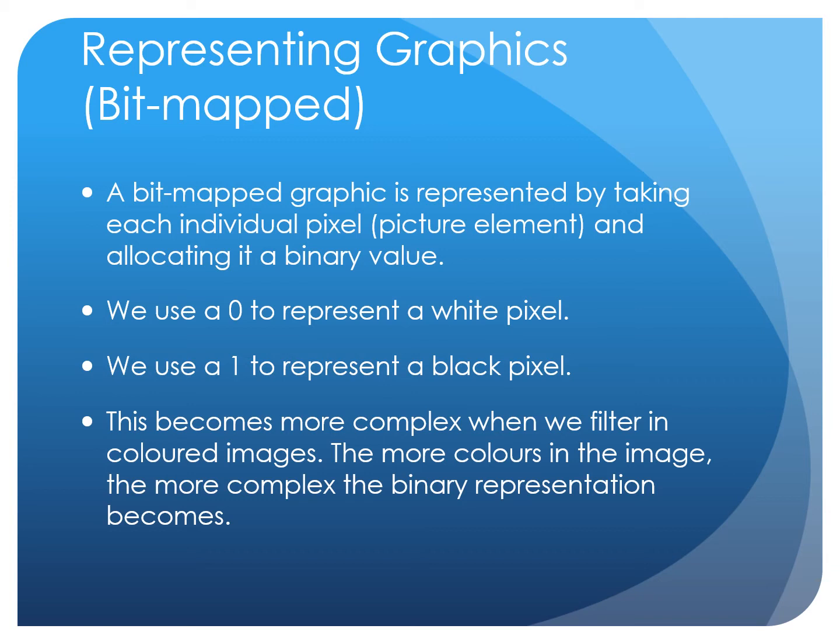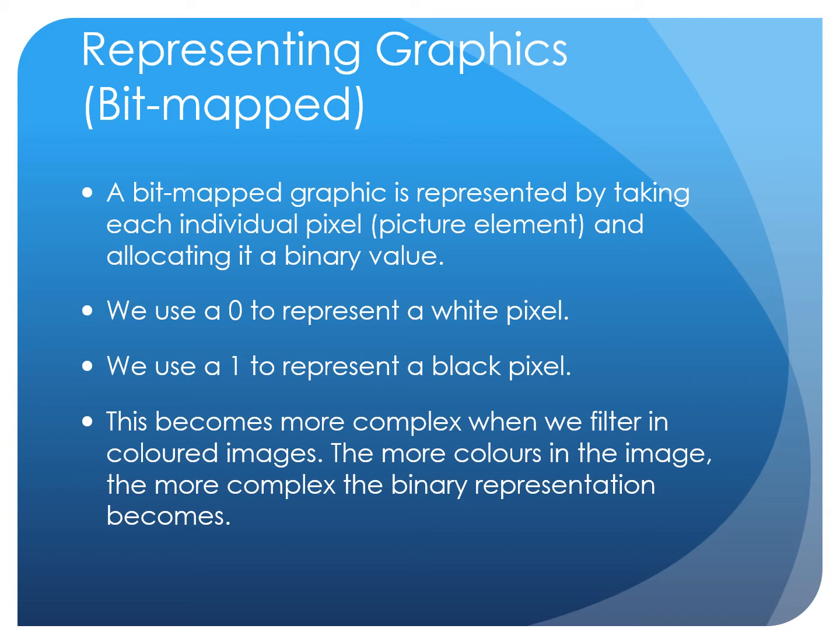For colour graphics, this is far more complex. Colour graphics are allocated binary values of more than 1 bit. Photographs, for example, would be allocated a 24-bit binary value per pixel.